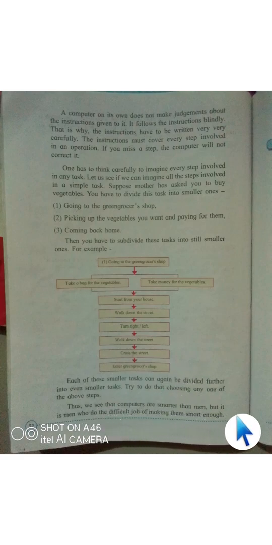Thus we see that computers are smaller than men, but it is men who do the difficult job of making them smart enough. Computers are smart, everyone knows, but who makes them smart? Men only, the human beings.